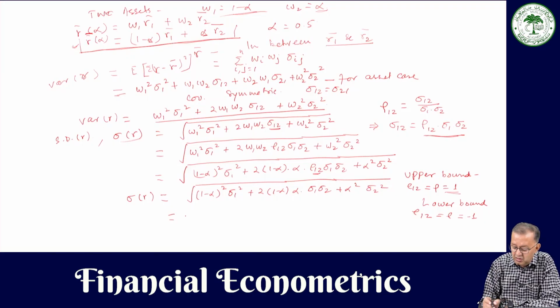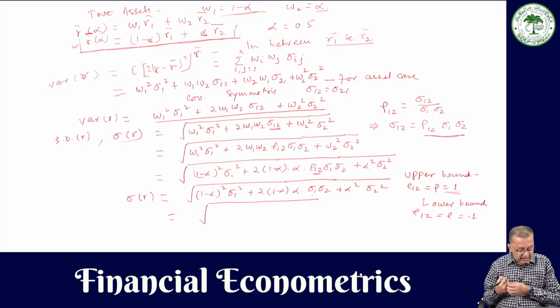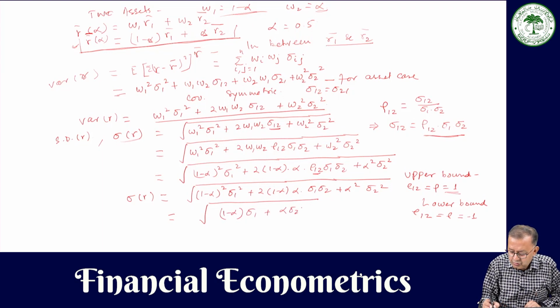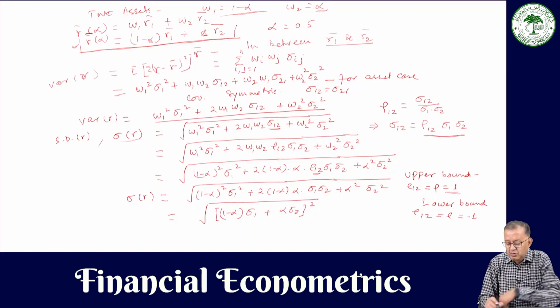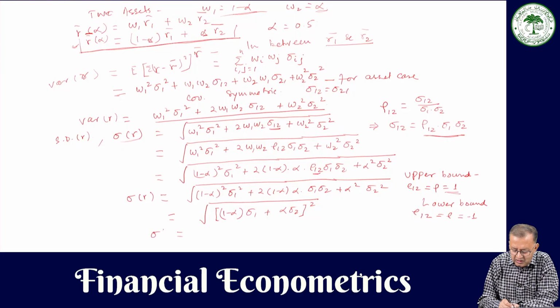So this is equal to, we take this and this we can write down, (1 minus alpha) sigma 1 plus alpha sigma 2 whole square. This is a plus b whole square, a square plus 2ab plus b square. So this can be written as sigma r is equal to (1 minus alpha) into sigma 1 plus alpha into sigma 2. This is the upper bound for sigma.